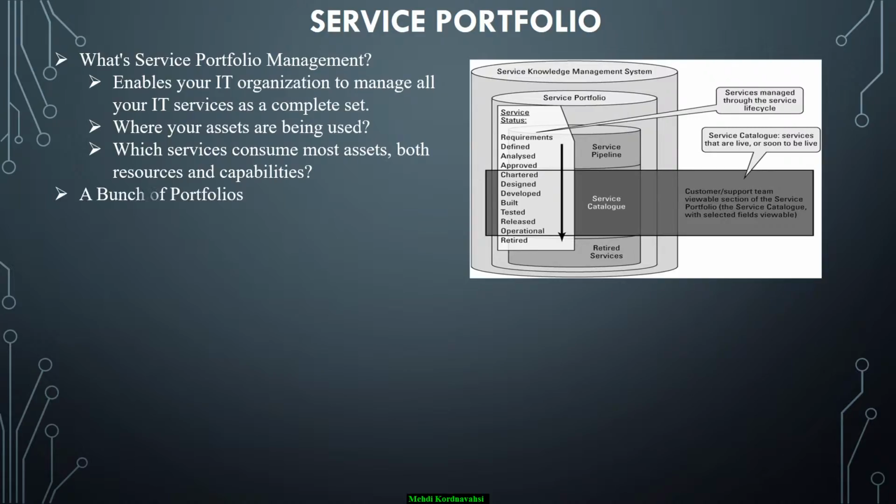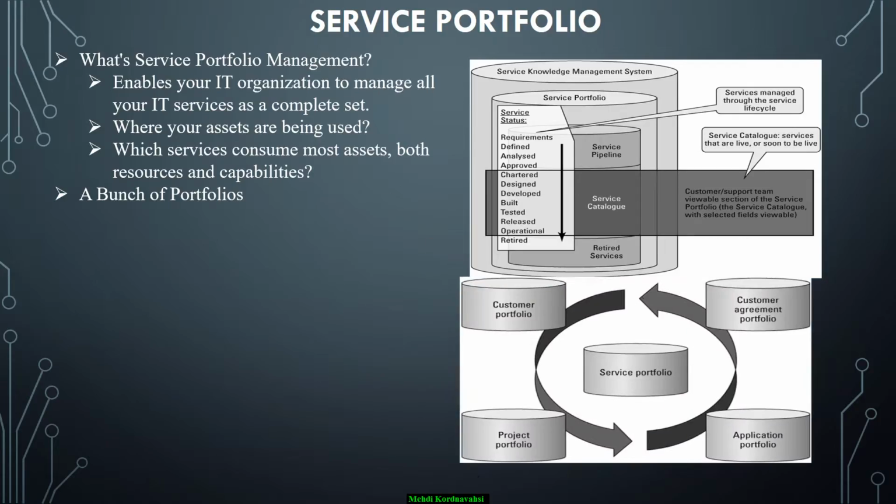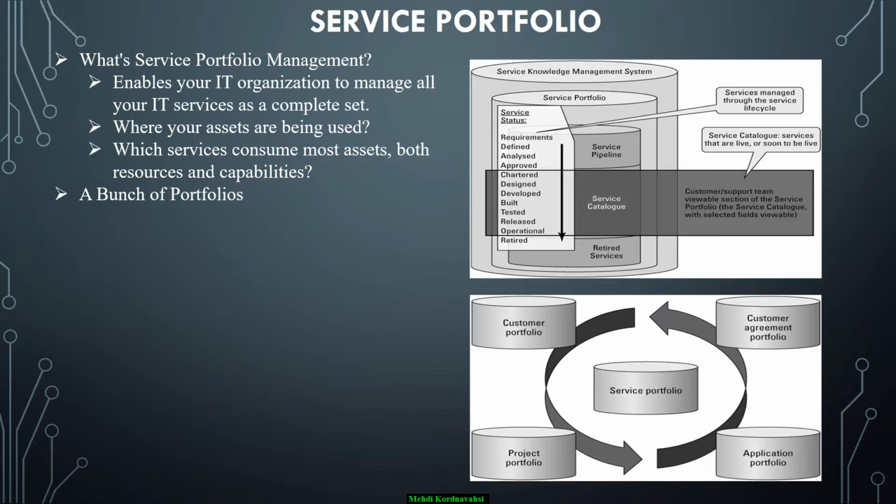A bunch of portfolios. The ITIL Service Strategy book describes several portfolios. A portfolio is simply information about a collection of things. There is no need to get confused. Each portfolio is defined in a database or a structured document and is just an organized source of information.